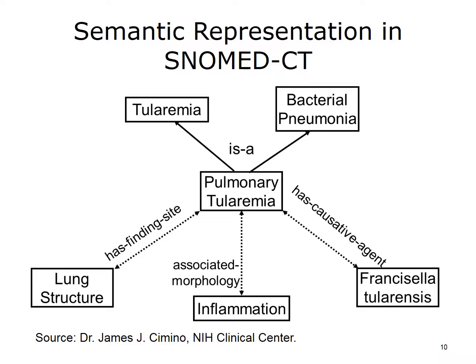This slide shows semantic representation for the term pulmonary tularemia. It is a tularemia and it is a bacterial pneumonia. Pulmonary tularemia has finding site of lung structure, has an associated morphology of inflammation, and has causative agent of Francisella tularensis.